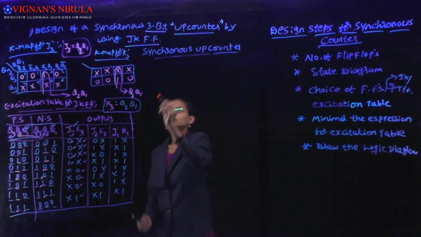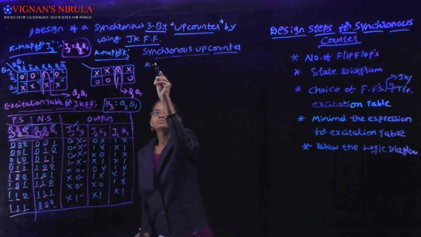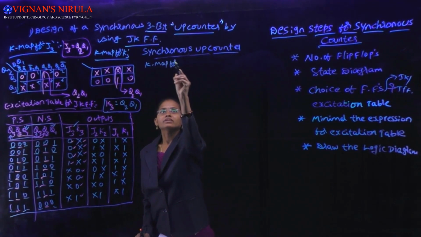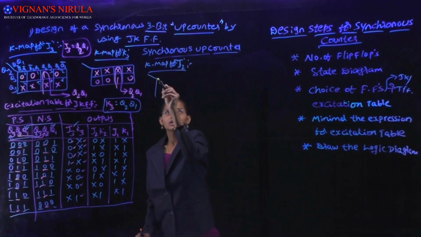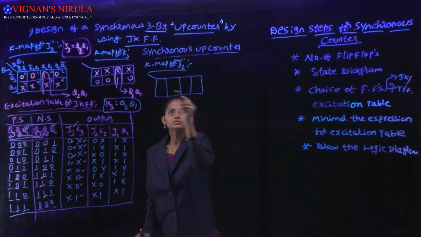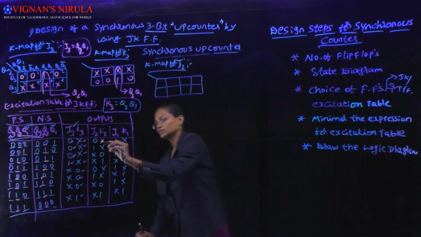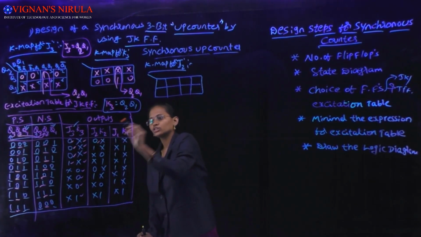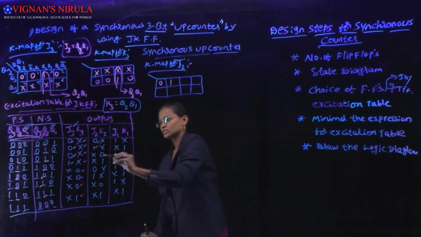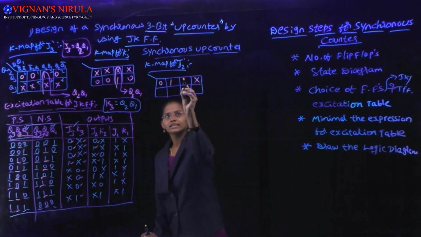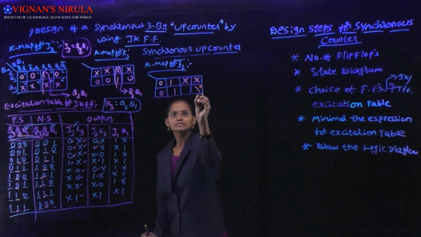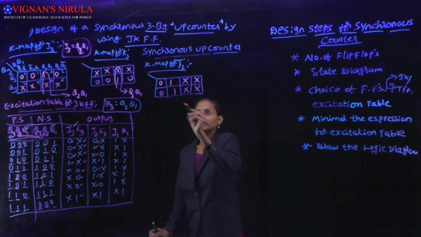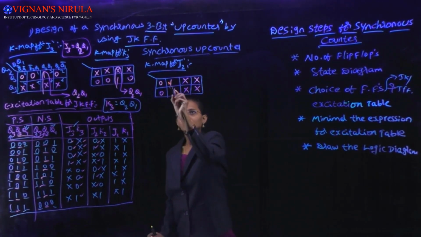And next find the K map for J2. Okay, this one also is an 8-cell K map structure. Here, observe these outputs: 0 cell is 0, 1 cell is 1, second cell is X, third cell is X, fourth cell is 0, fifth cell is 1, sixth cell is X, seventh cell is also X. Here the grouping is these 4 cells.